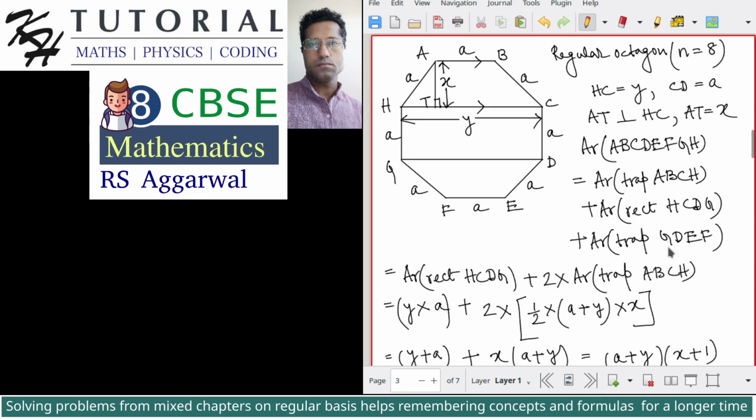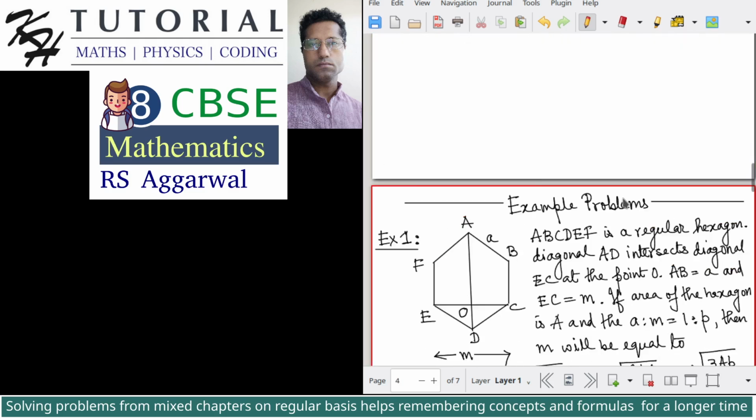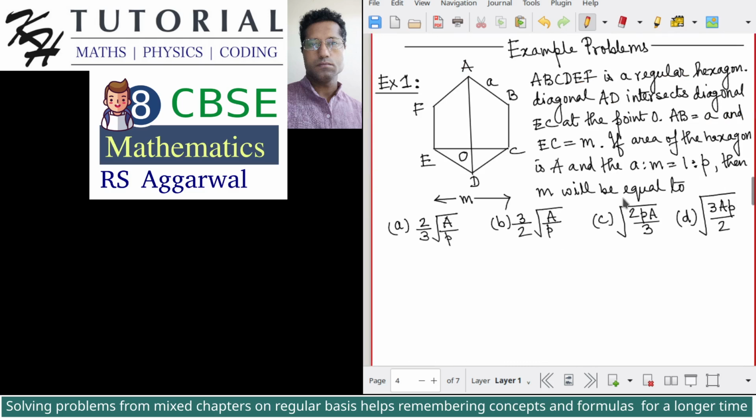Okay, so this was all about how we find the area of regular polygons. Now let's try to solve two problems. So the first problem says that ABCDEF is a regular hexagon. So we are having 6 sides. Diagonal AD intersects diagonal EC at the point O. AB is equal to a, small a, that is, AB is the side of the regular hexagon, and EC is equal to m.